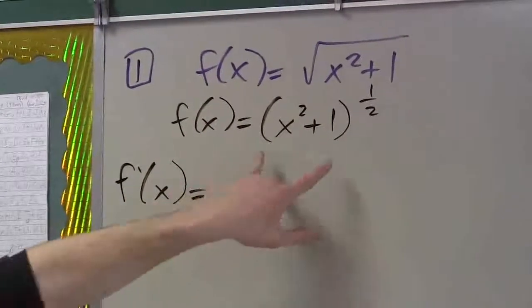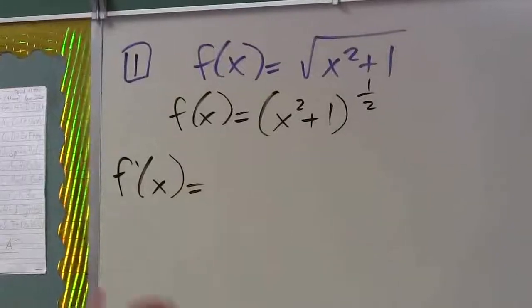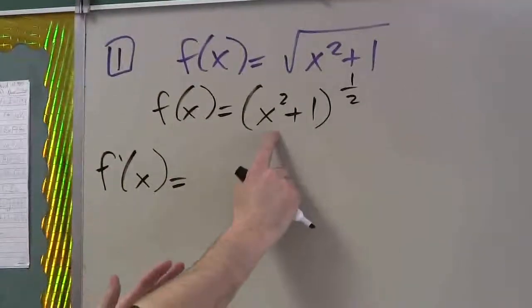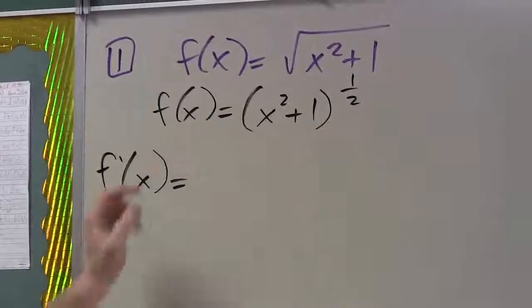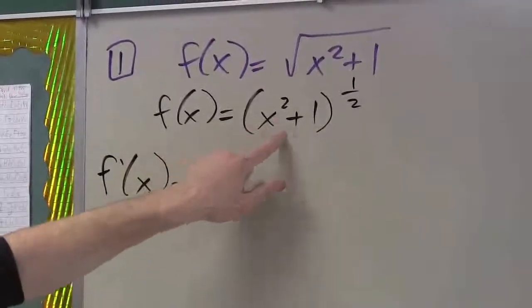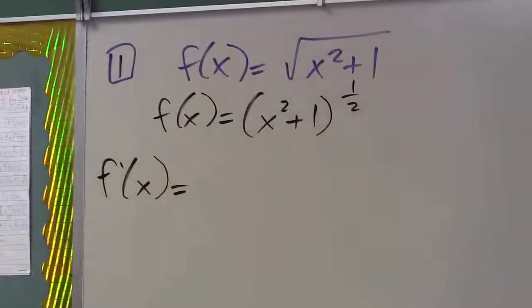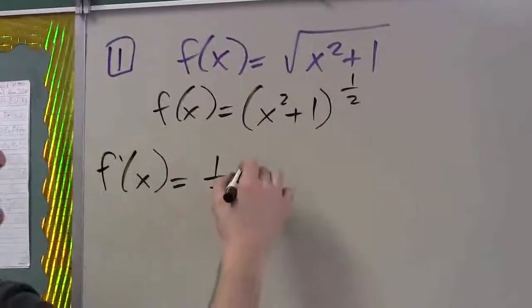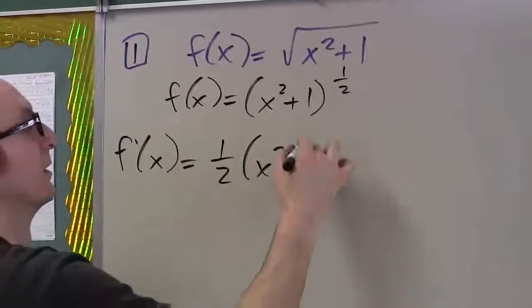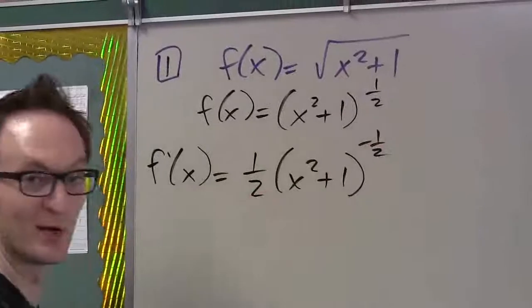So the derivative of this whole function is going to be the derivative of the outer function evaluated at the inner function times the derivative of the inner function. The derivative of something to the 1/2 is 1/2 something to the negative 1/2.